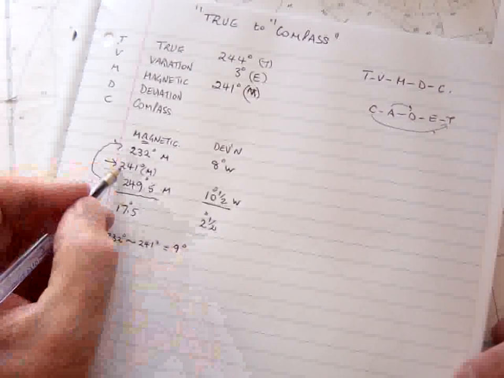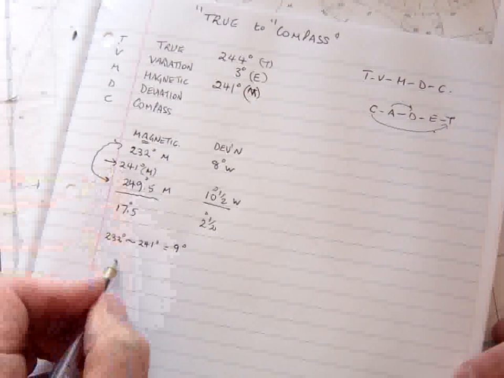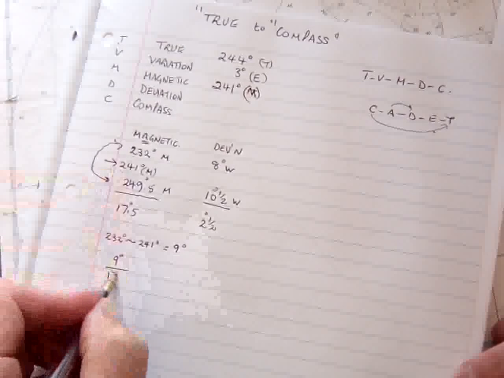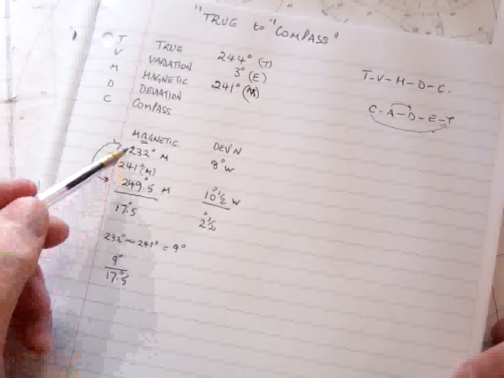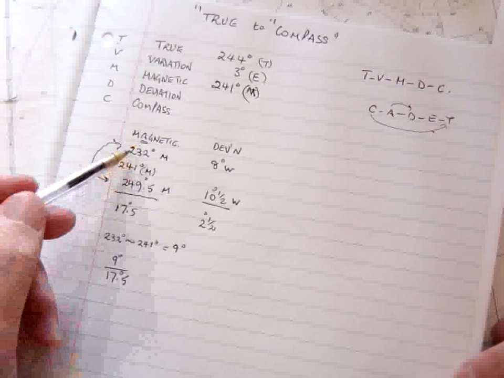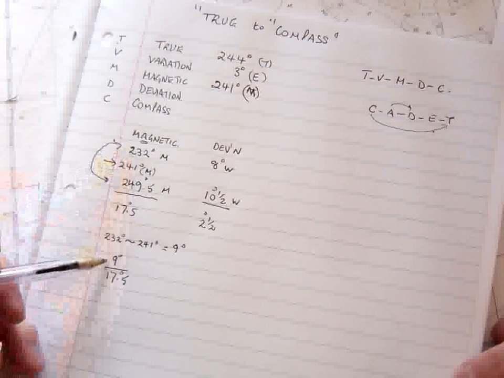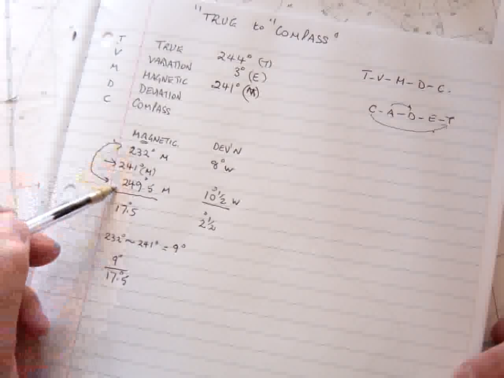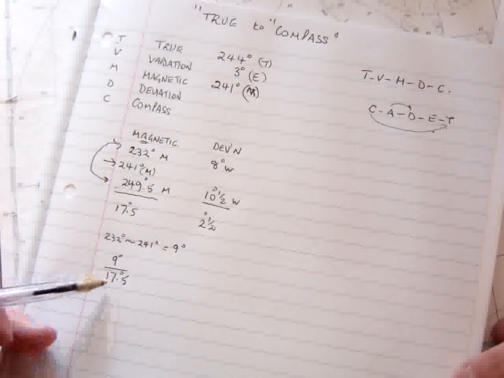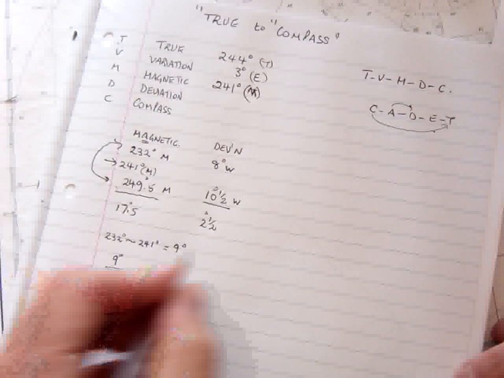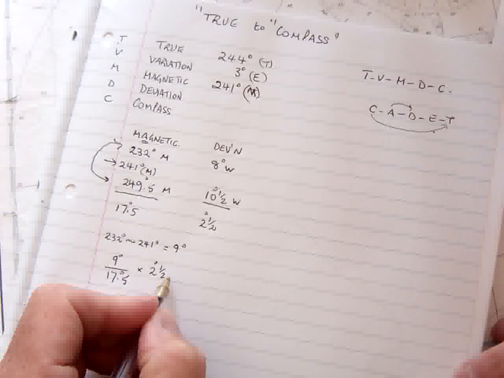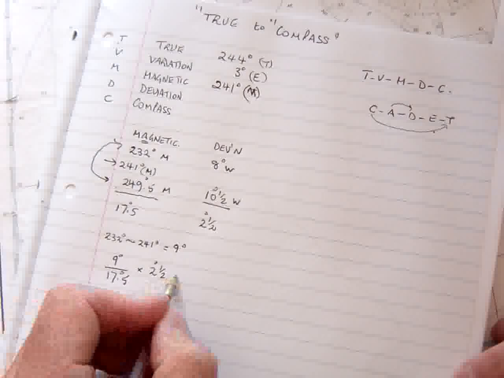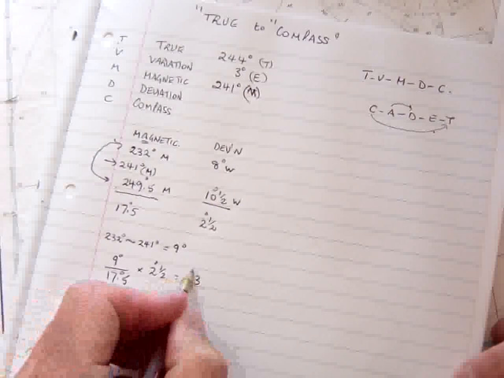So if we say that 9 degrees over 17.5 degrees is the part of the interpolation for magnetic, i.e. 232 to 241 is 9, 232 to 249.5, 17.5. So it's 9 over 17.5 multiplied by the difference of 2.5 degrees. Mathematically that comes to 1.3 degrees.